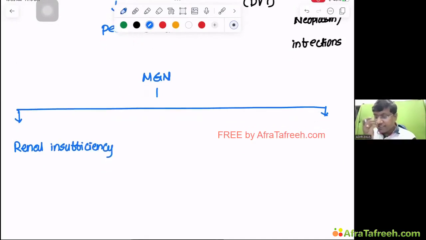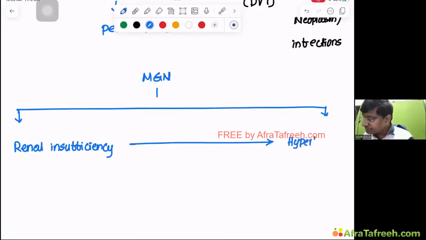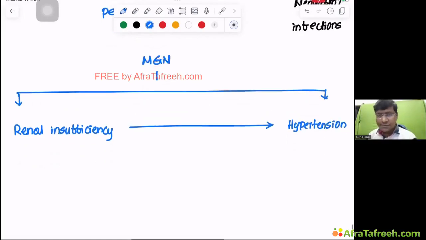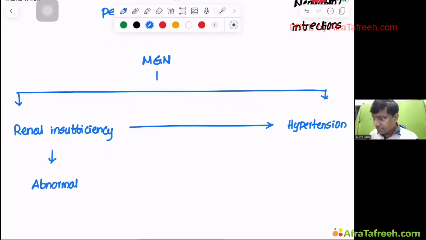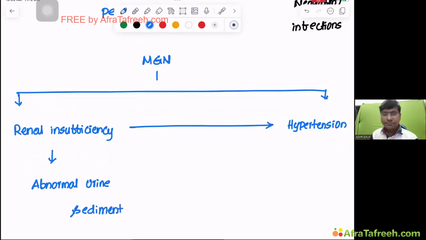So because of the renal insufficiency, they will have hypertension. Okay. And because of the renal insufficiency, even in the urine sample, if you observe, they will have abnormal urine sediment. Okay. These are the clinical features.